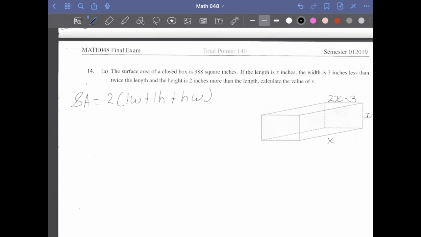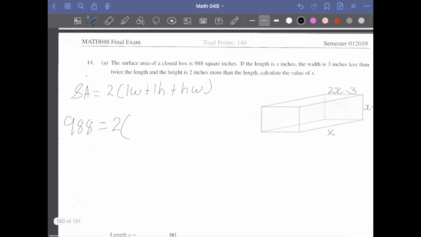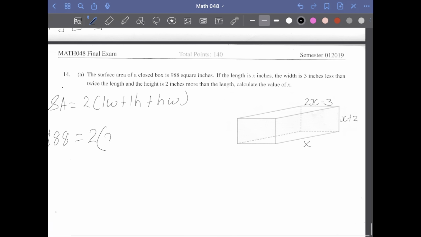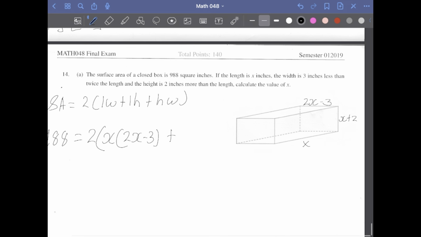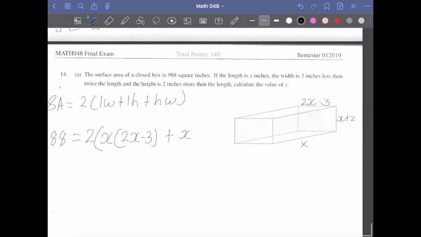So all we have to do now is substitute. The surface area is 988 equal to 2 times the length x times the width 2x minus 3, plus the length x times the height, x plus 2.